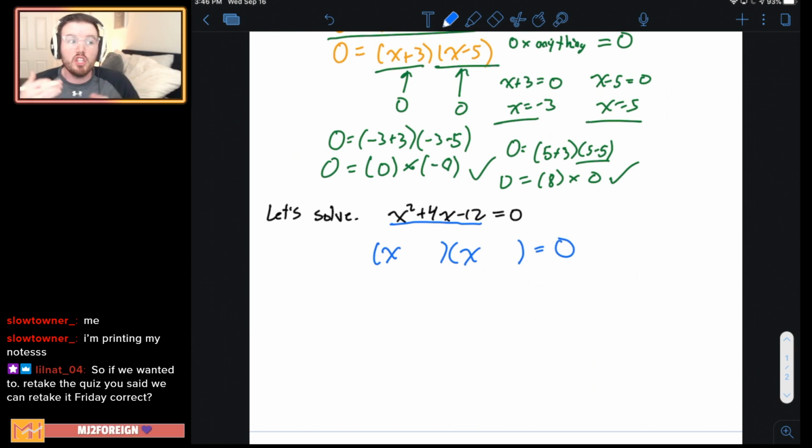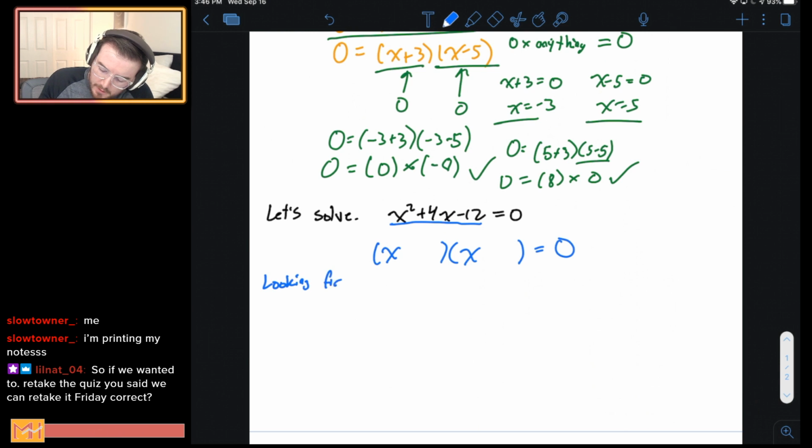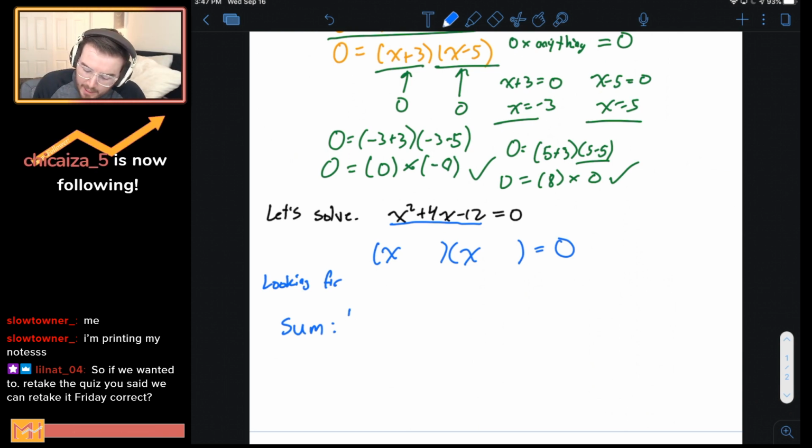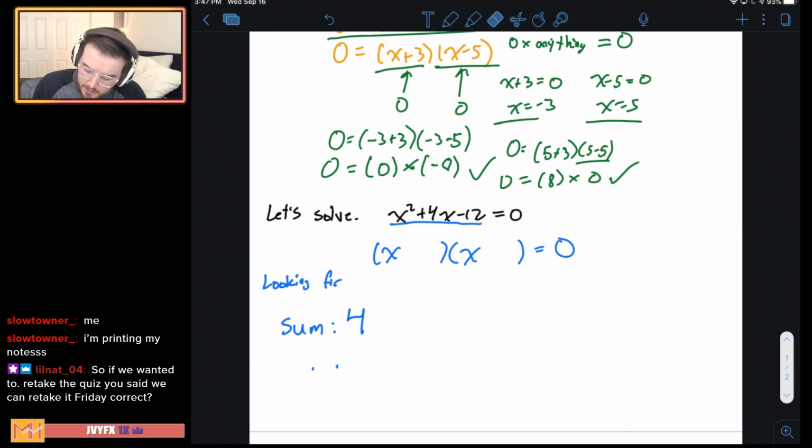So traditionally speaking, when we factor, we're looking for two numbers that add to the middle number and multiply to be, I'll say product, it's a better word to use there.